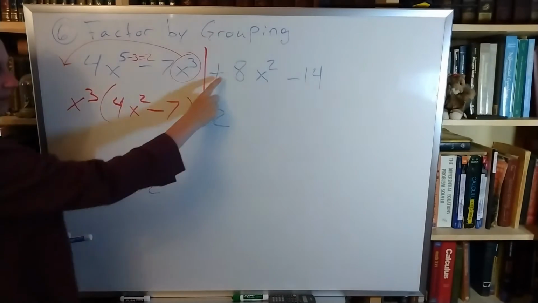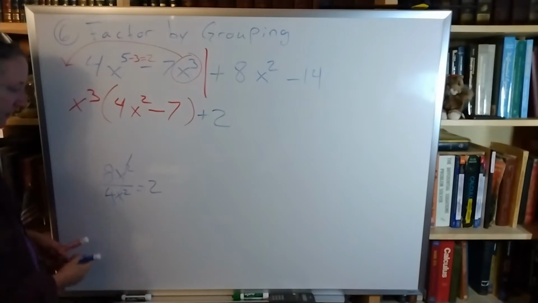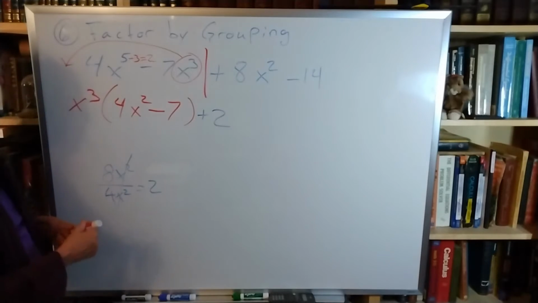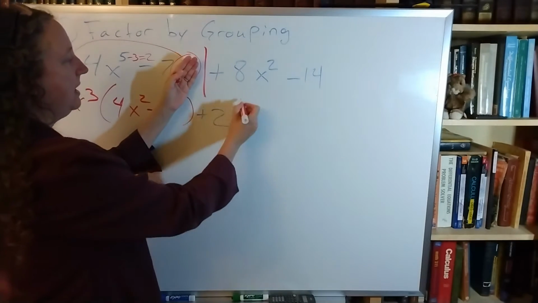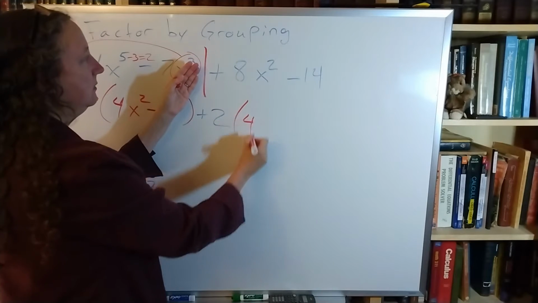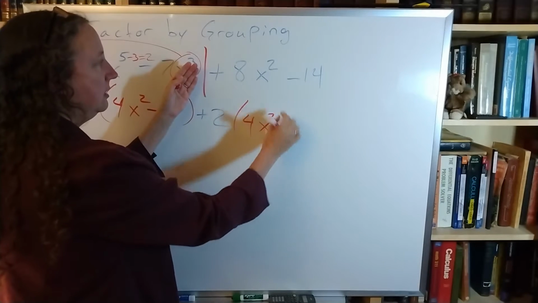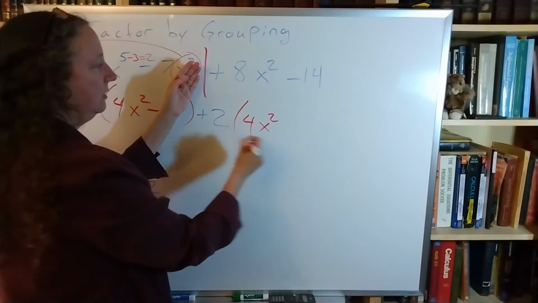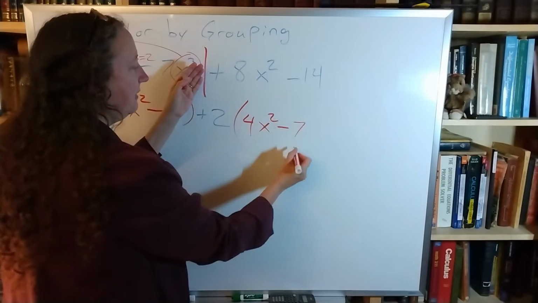And I had a positive and a positive, so that is a positive 2. And then I factor that out of what's left. So I have positive divide positive, 8 divide 2, x squared, no x, bring it forward, minus divide plus, minus 14 divide 2, 7.